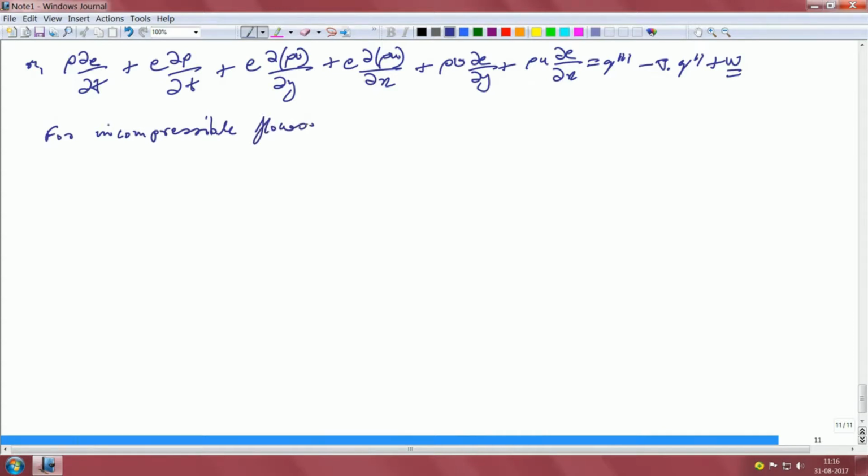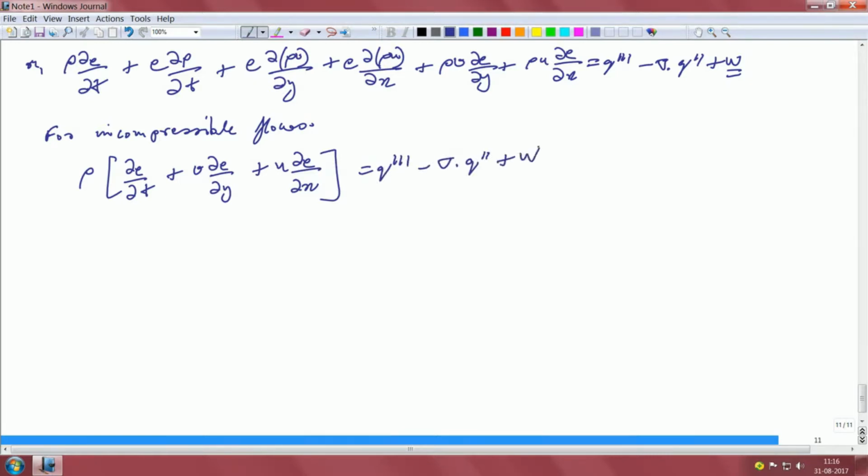Okay. For incompressible flows, okay. So, that is the expression that you get, okay.